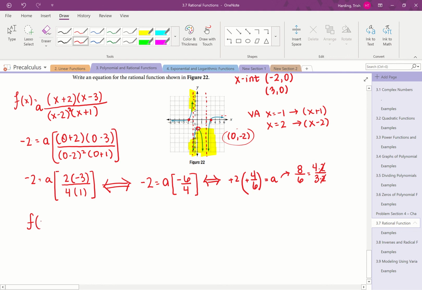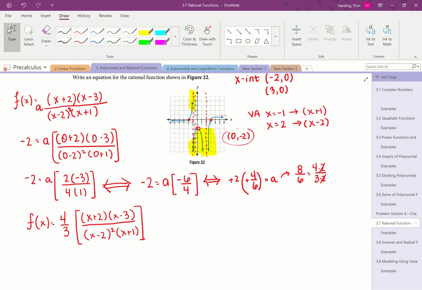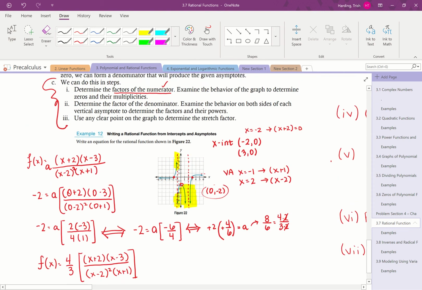So we will have f of x equals 4/3 times (x + 2)(x − 3) over (x − 2)²(x + 1). It should be something along the lines of that. Let me zoom out a little.